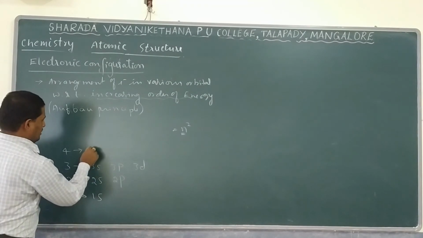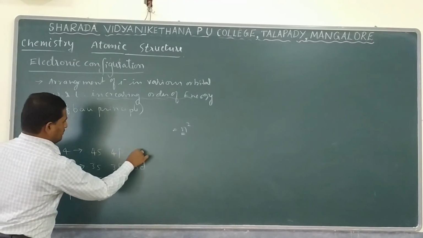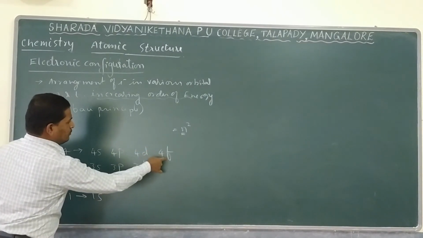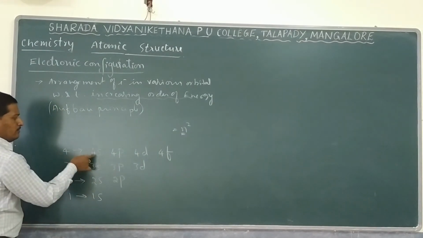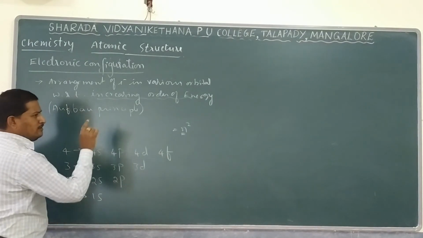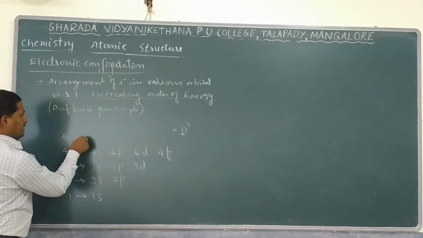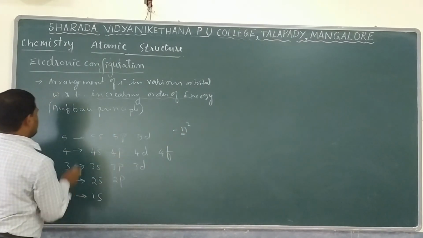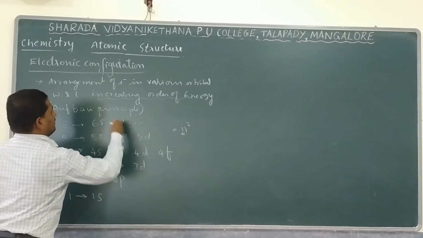Those are the 4s orbital, 4p orbital, 4d orbital, and then 4f orbital: 7 4f, 5 4d, 3 4p, 1 4s. Totally we have 16 orbitals. Similarly, for the fifth shell we have 5s, 5p, 5d, and for the sixth shell, 6s, 6p, like that it goes.